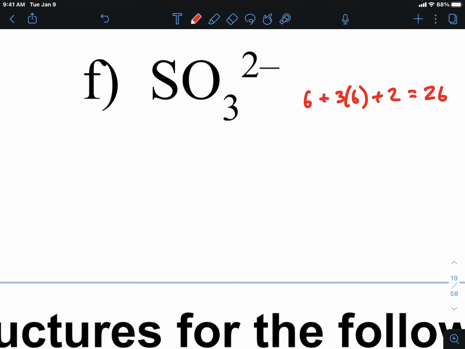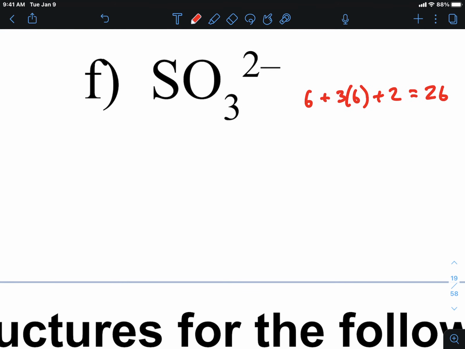Yeah, Kristen. What if the -2 charge would be on each individual oxygen? Good question. When you're counting up your valence electrons, think of them as like a community pot. They all put them into the same place, and then they're redistributed around however many atoms there are. So sulfur in the center, oxygen, oxygen, oxygen, bond, bond, bond.